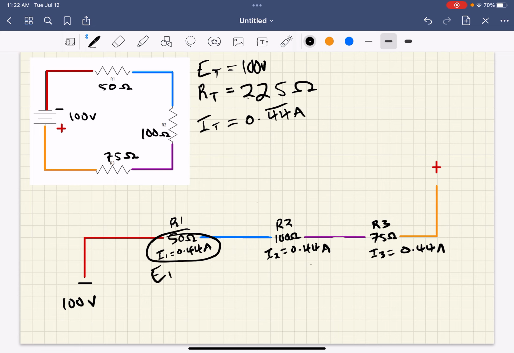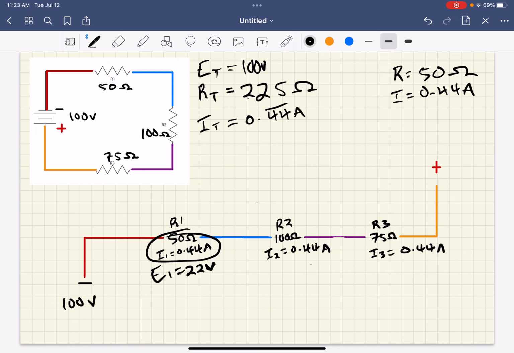And that's pretty simple, right? If I've got an R of 50 ohms and I've got an I of 0.44 amps, I know that E equals I times R. And so I'm going to type that in, and I end up with 22 volts dropped here at R1.